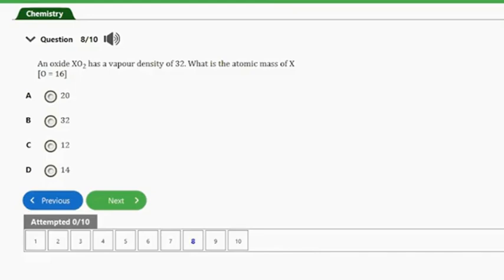So guys, let's just zoom into our workspace here and solve. So we are given the vapor density already to be 32. So it means that the molecular mass over 2 is equal to this vapor density. And guys, how do we get the molecular mass from here?